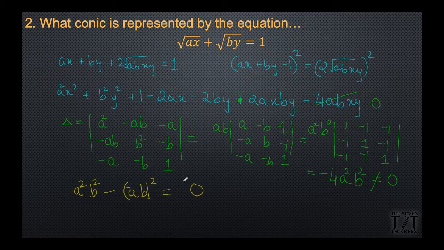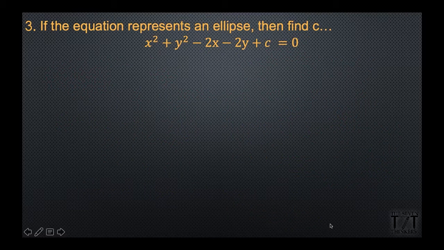And when AB minus h square is equal to 0, we get the conic as a parabola. So again we have found the nature of the conic by finding the value of AB minus h square. Let's move on to the last and final question of this tutorial.